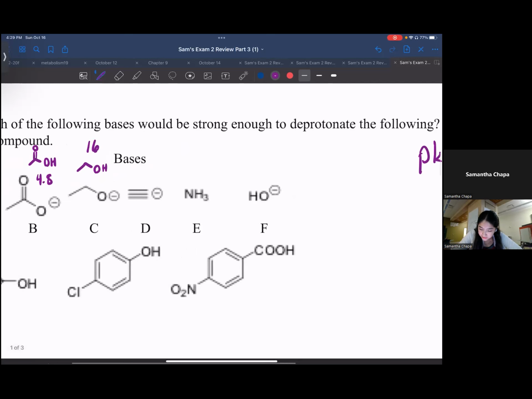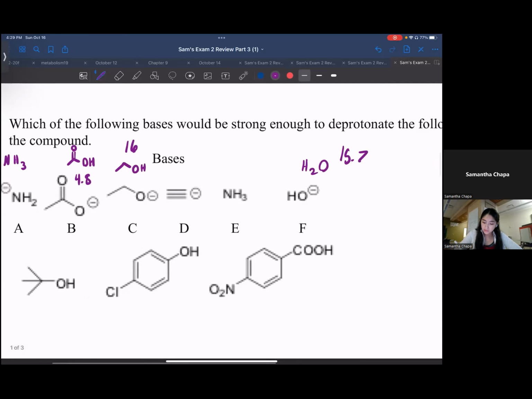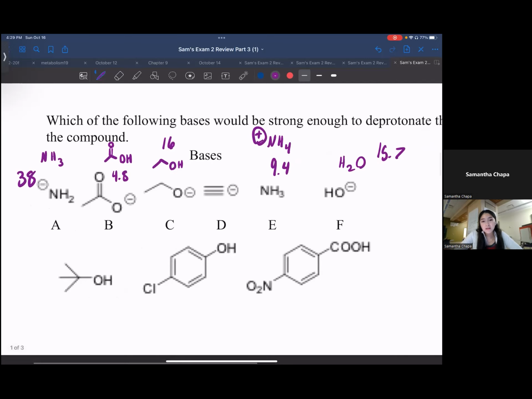I want to do this one just because it's close to ethanol. So we have a hydroxide group. The conjugate acid is H2O. We know that the pKa of H2O is around 15.7. Look at NH3. The conjugate acid is NH4 plus. The pKa of NH4 plus is 9.4. And we have a carbon-carbon triple bond.